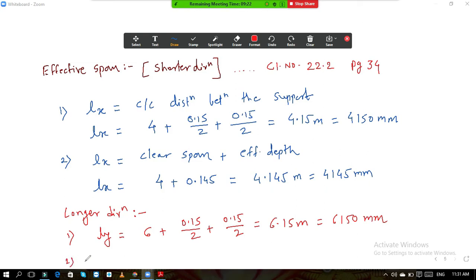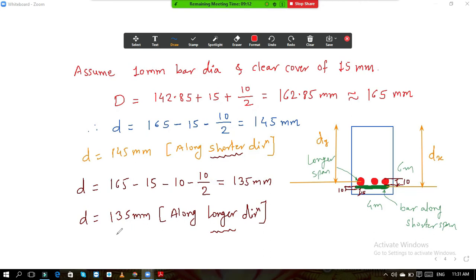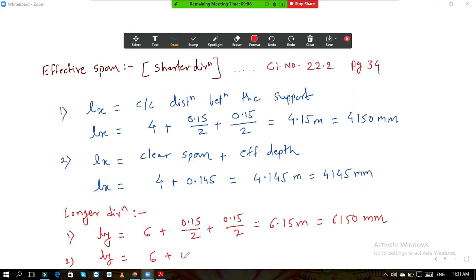Second, Ly is equal to clear span plus effective depth. So clear span is 6 plus effective depth. Now you should take the effective depth along y direction. So effective depth along y direction is 0.135, which is equal to 6.135 meter, which is equal to 6135 mm.